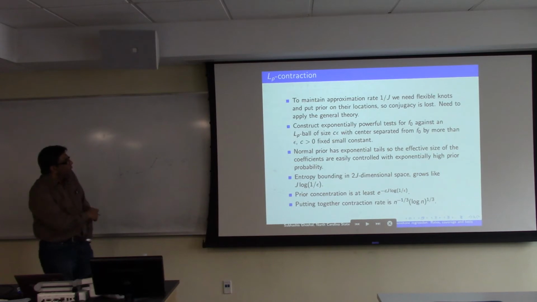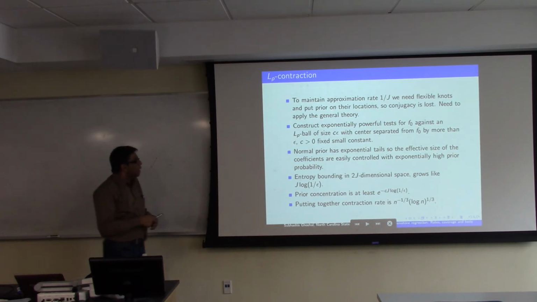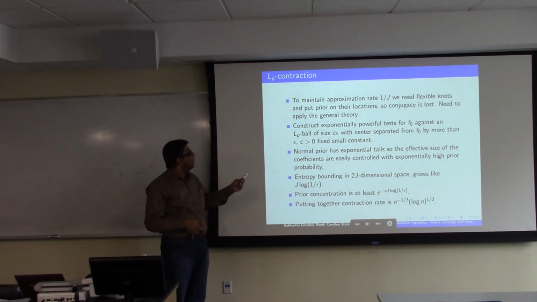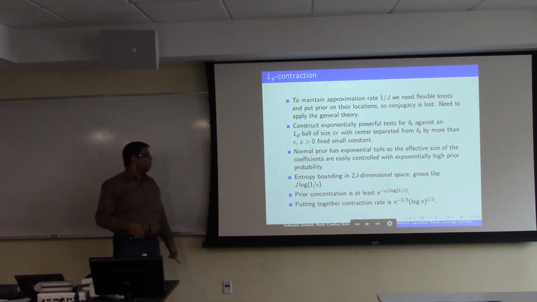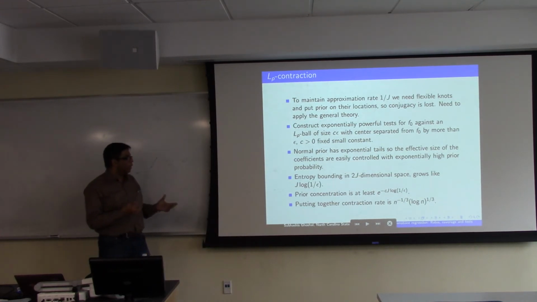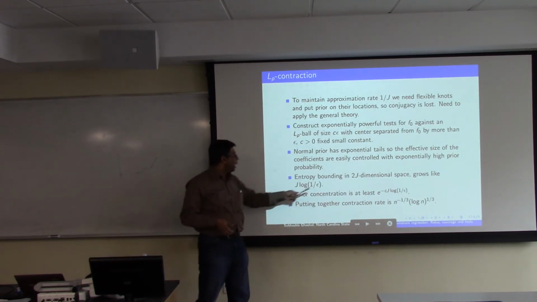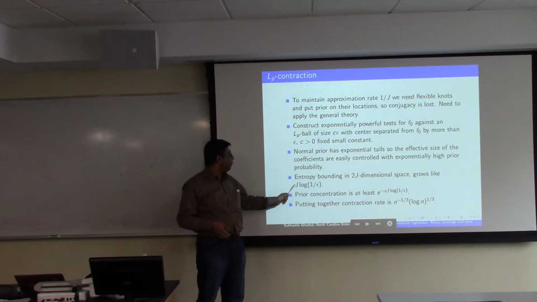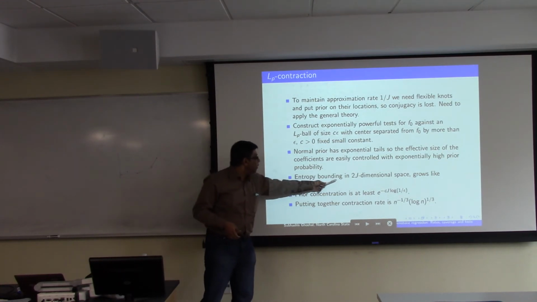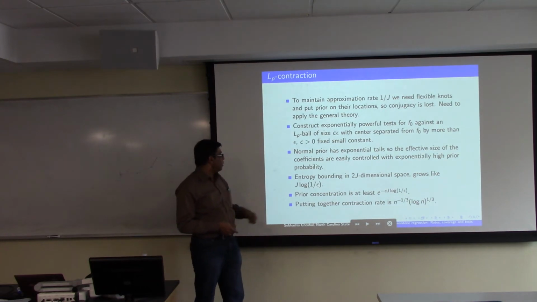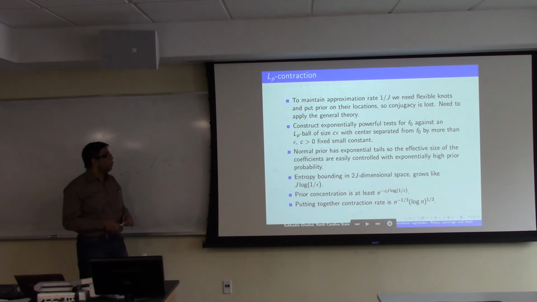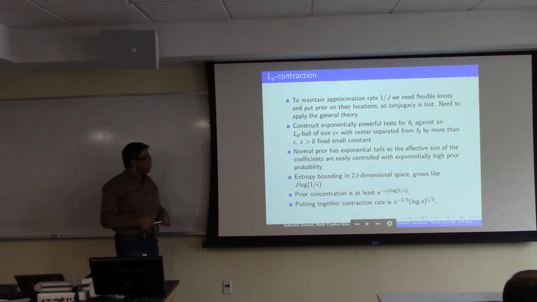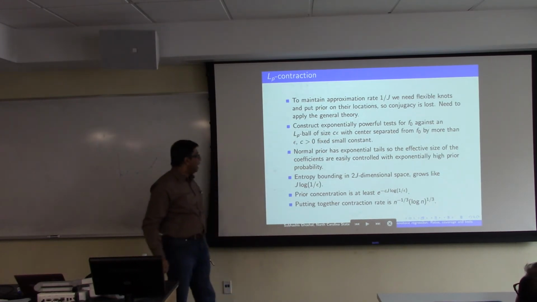The thetas are in j-dimensional space, and the xi's are also in j-dimensional space. Together they are in some 2j-dimensional space. So you have to look at the entropy, the complexity of this space, and that is well known. It's of order 2j, and j, there is hardly any difference. So j times log 1 over epsilon is the rate of growth of the entropy. That is the basic ingredient in the rate calculation.